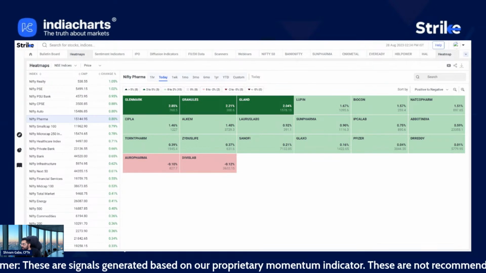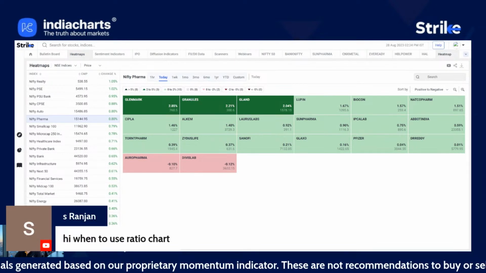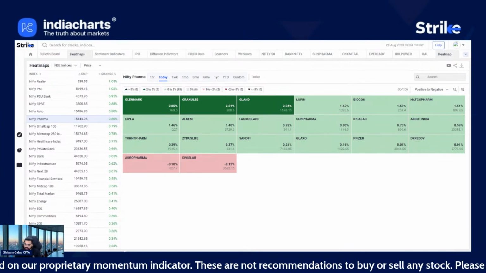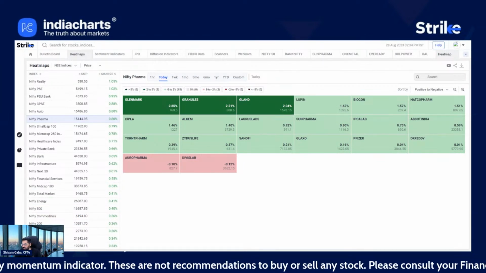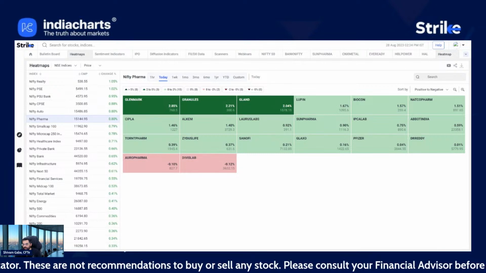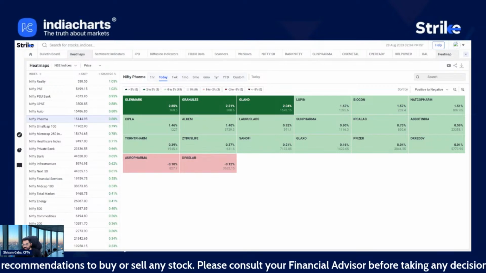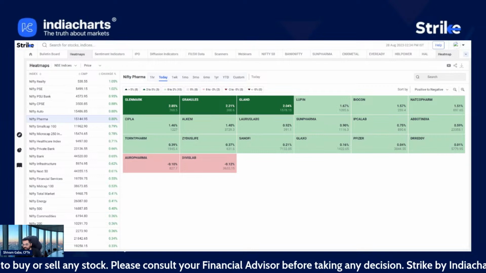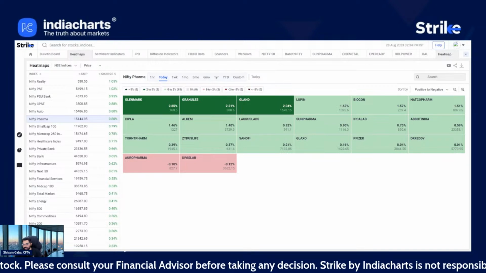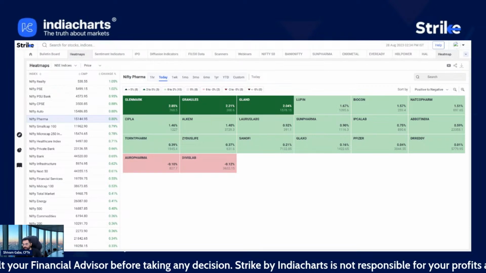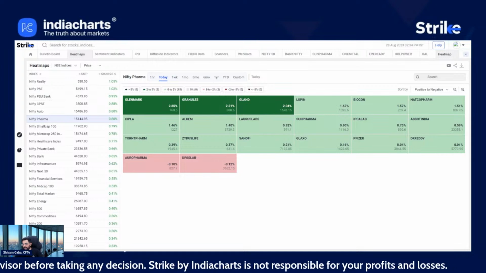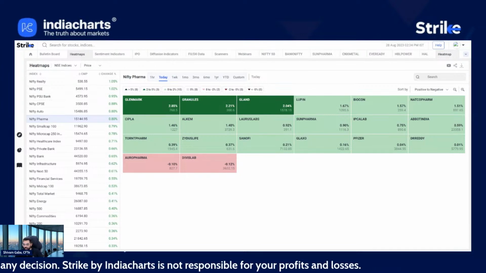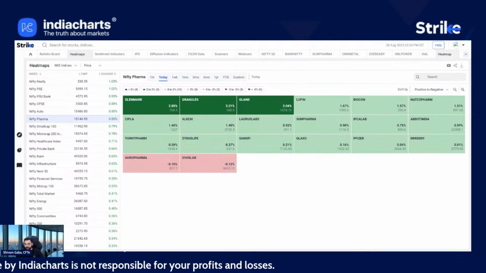There's a question: when to use ratio charts? So it's like a relative comparison. It's not like a particular timeline when you want to use it, but it is a tool, just like any other indicator, which can help you see one symbol with respect to the other. So that itself can be a gauge for your outperformance and underperformance.